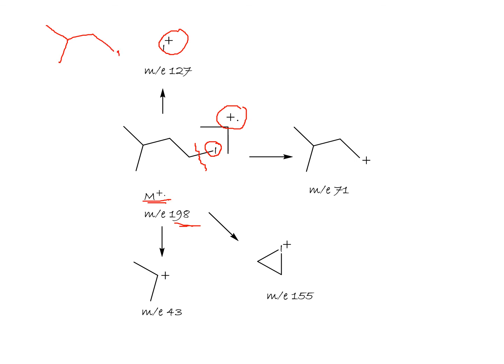If the other way around, you get minus I radical, and this part will be the positively charged 71. If you cleave this, forming an iodonium ion, it will show up at 155. If this part takes the positive charge, that leads to the formation of 43.